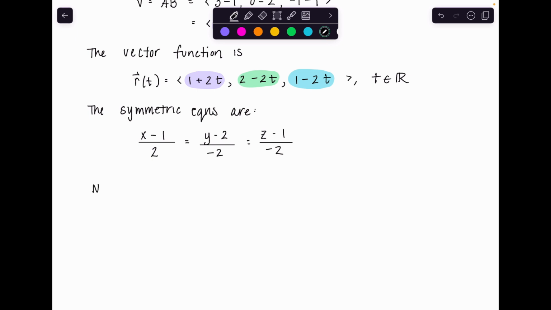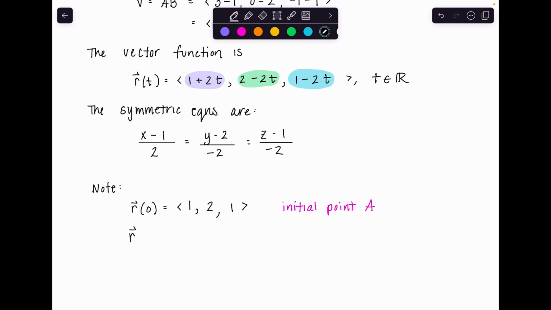So notice if I plug 0 in for t, then that's going to give me 1 plus 0, which is 1, 2 minus 0, which is 2, and then 1 minus 0, which is 1. So this is exactly the initial point, the initial point A.